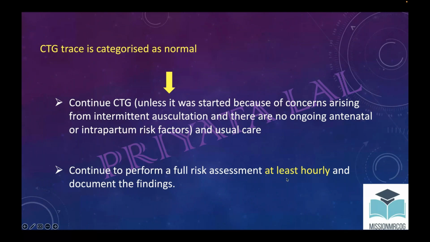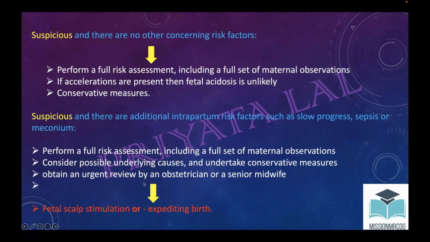What if the patient has a suspicious CTG? If the CTG is suspicious and there is no concerning feature, then we do a full assessment and start conservative measures. And if we see acceleration, then we are happy.